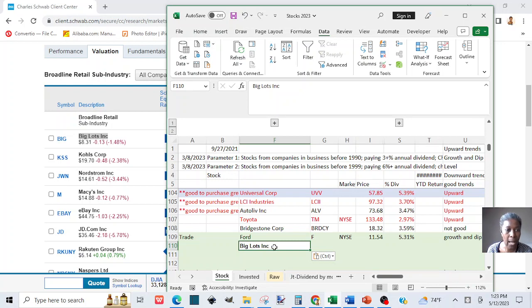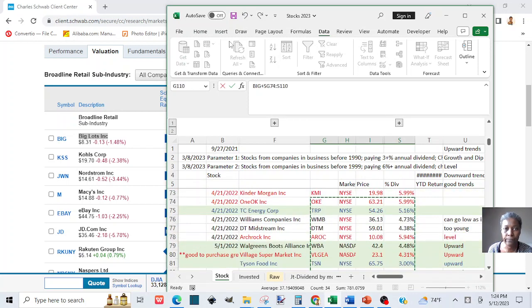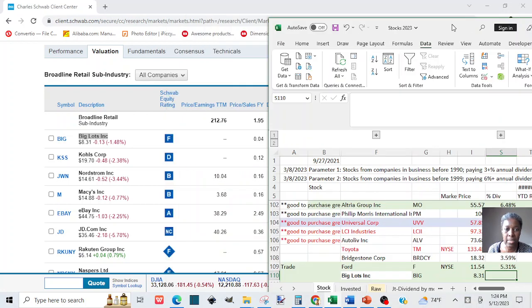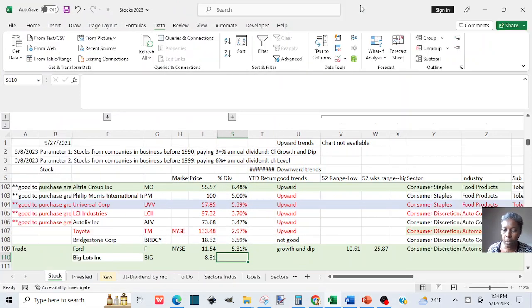So for instance, I'll add Big Lots, and the symbol will be BIG, and what I can see is it's selling now at $8.31, and the dividend is 14.23%.